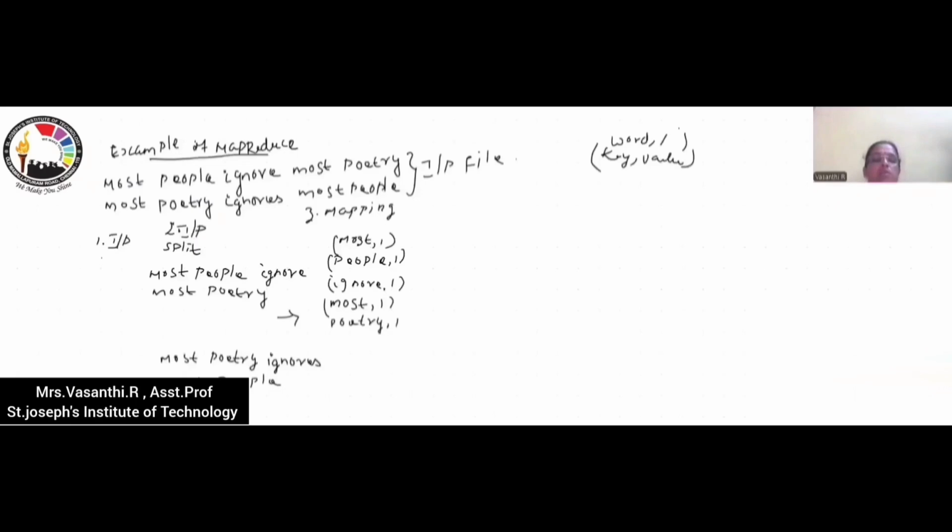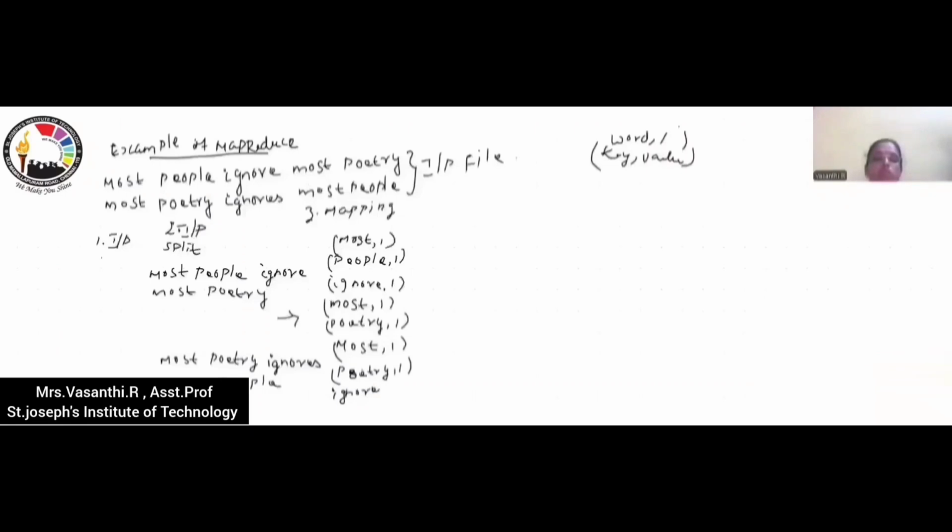Similarly, the second block contains: most poetry ignores most people. We write it the same way as for the first block. Most is the key, comma, value; poetry, comma, 1; ignores, comma, 1.